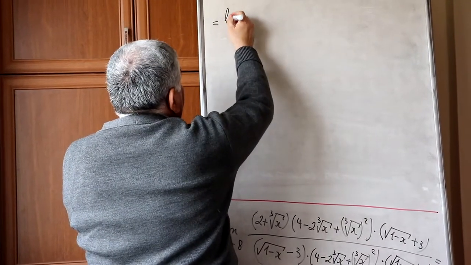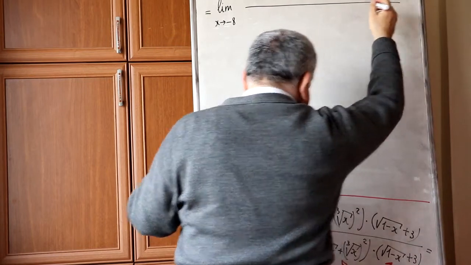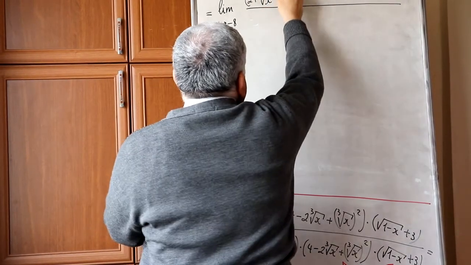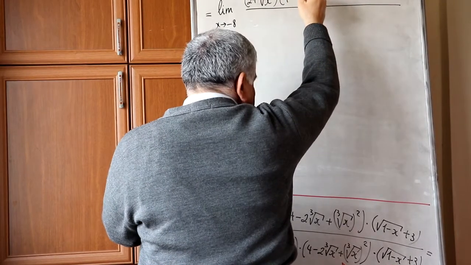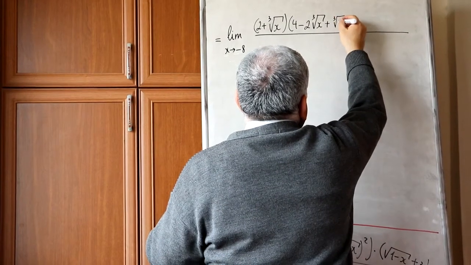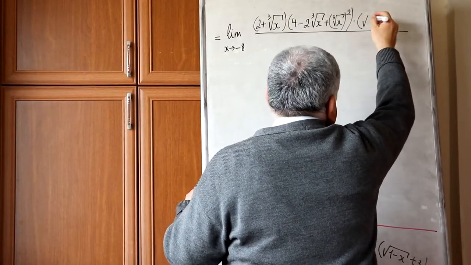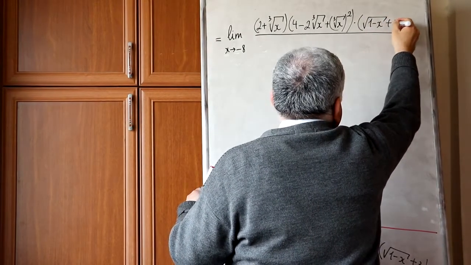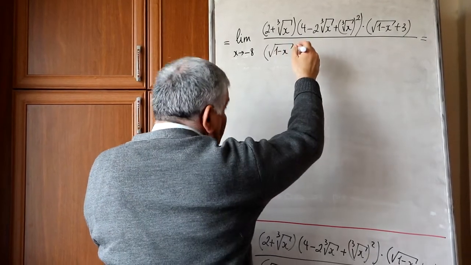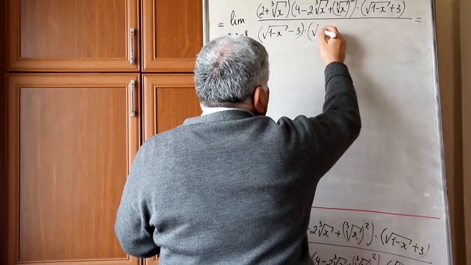Equals limit when x tends to minus 8, 2 plus cube root of x multiplied by 4 minus 2 cube root of x plus cube root of x squared, and multiplied by square root of 1 minus x plus 3, and square root of 1 minus x minus 3 multiplied by square root of 1 minus x plus 3.